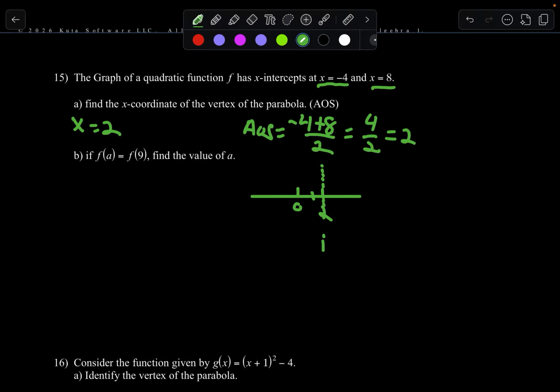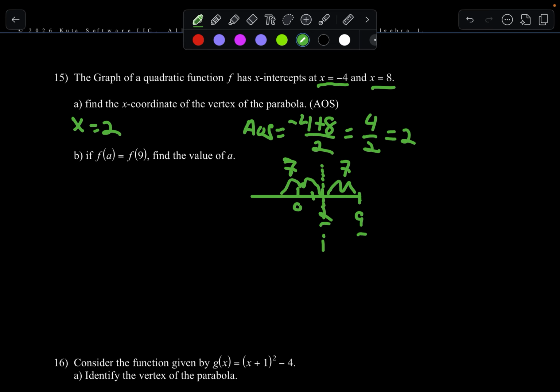Now, they said f of a must equal f of 9. F of 9 is way over here, and it's 7 units to the right. How did I get 7? It was 9 minus 2. Well, there must be the other value symmetric across the axis of symmetry, which means it must be 7 units to the left.